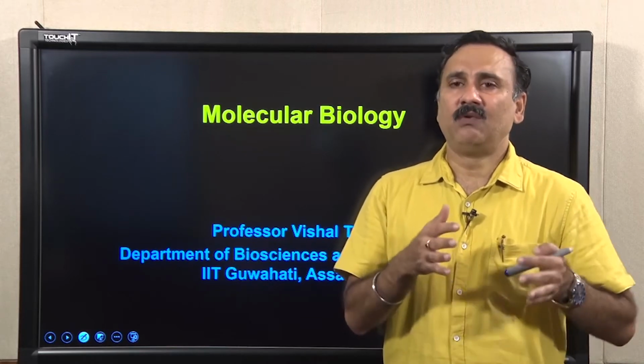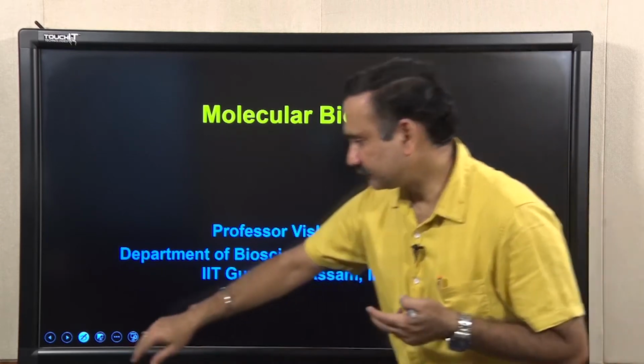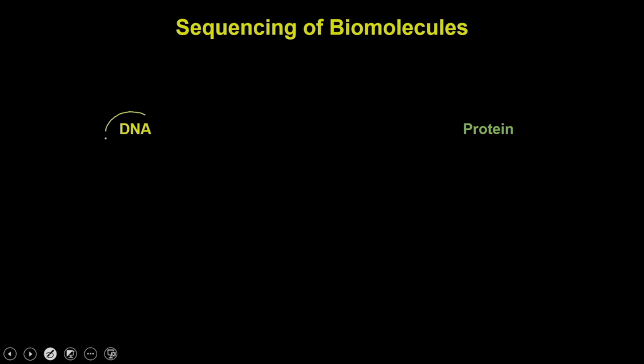So, when we are talking about sequencing reactions, they can be done for two macromolecules, one is DNA and the other is protein. When you are doing a sequencing of a biomolecule, it could fall under two categories, either DNA or protein. Irrespective of whether you are doing the sequencing of the DNA or the protein, the discrete steps always remain identical.